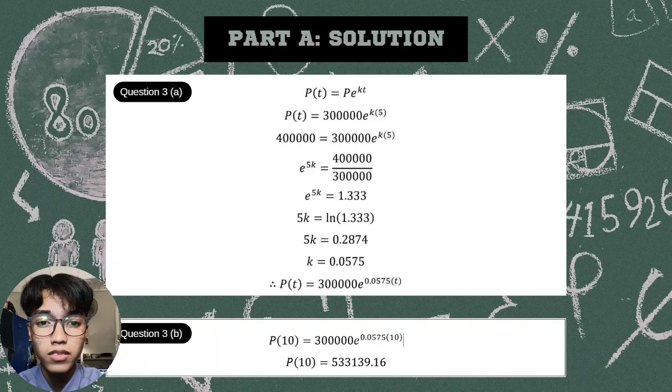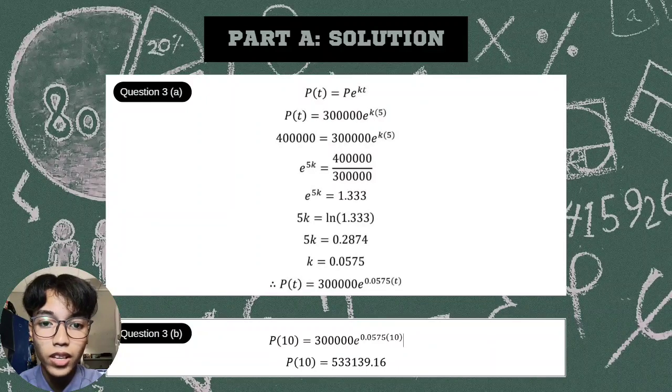Here we come to the solution of part A. Using the exponential growth and decay formula, that is Pt equals P e to the power of Kt, we need to understand the meaning behind this formula. Pt is the population at time t, where P is the initial population, e is the exponent base, K is the growth constant, and t is the amount of time.